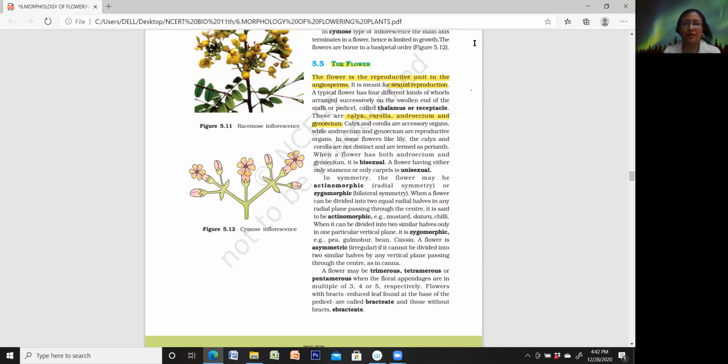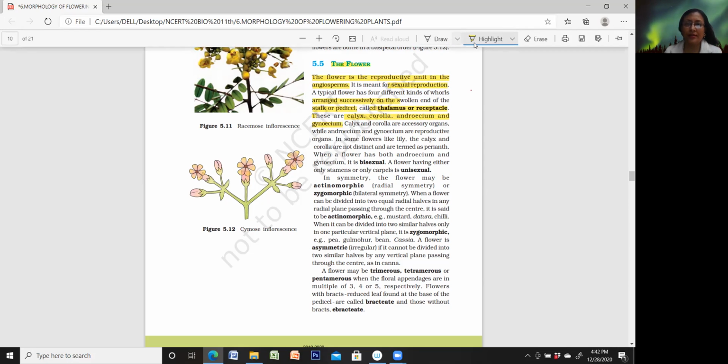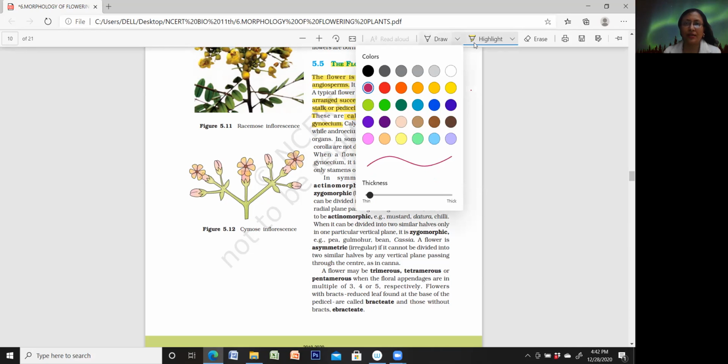And where is the flower arranged? It is arranged or present on a swollen end of a stalk or pedicel called thalamus or receptacle. Thalamus or receptacle. Now, this is just the beginning or the introduction that is given in NCERT.